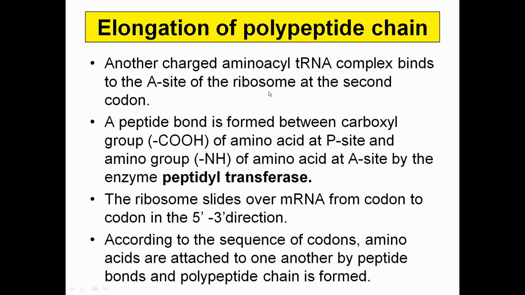Elongation of the polypeptide chain. Another charged amino acyl tRNA complex binds to the A site of the ribosome at the second codon, and there will be formation of a peptide bond. And how is this peptide bond going to be formed? Because the COOH group of the amino acid at the P site and the amino group, that is NH2 group, of the A site are going to form a bond, that is a peptide bond, with the help of an enzyme, that is peptidyl transferase.